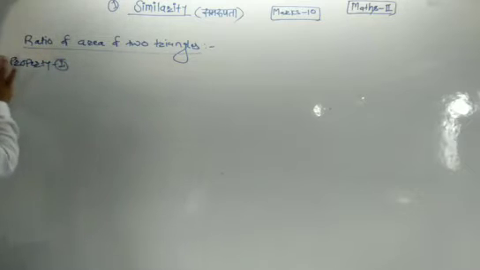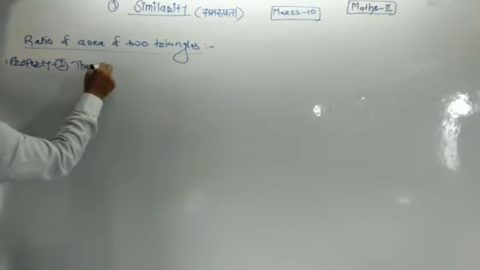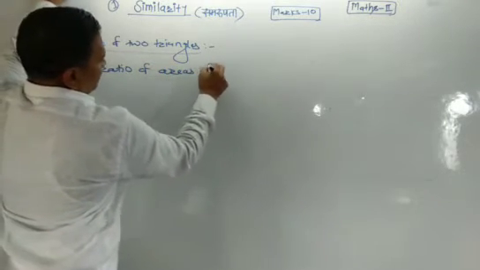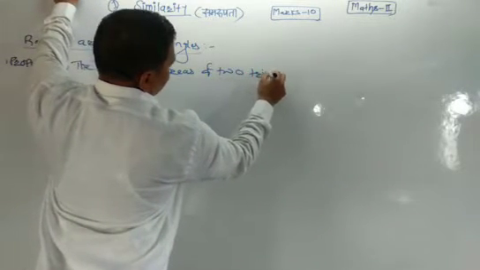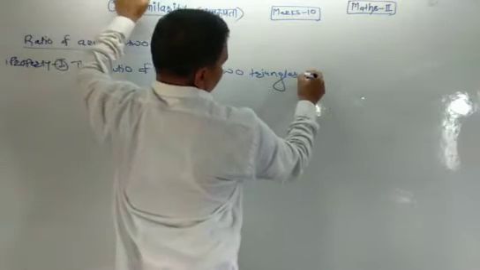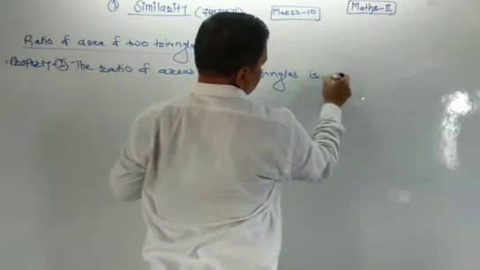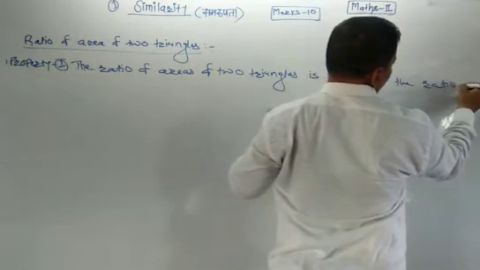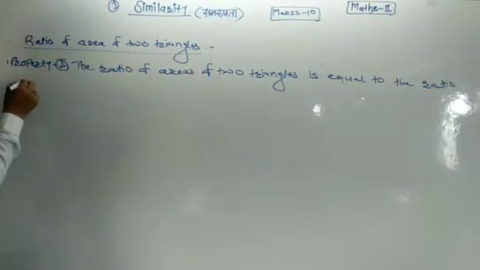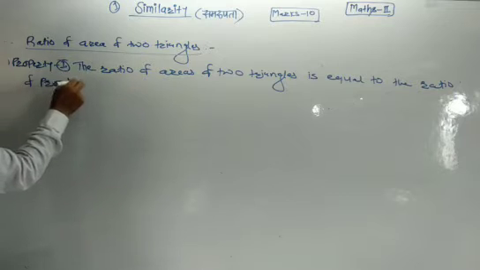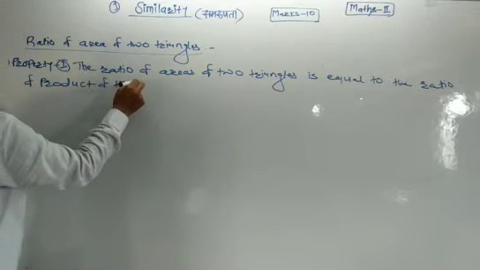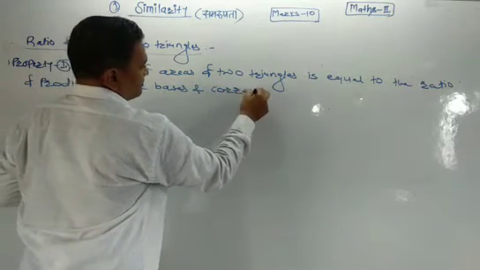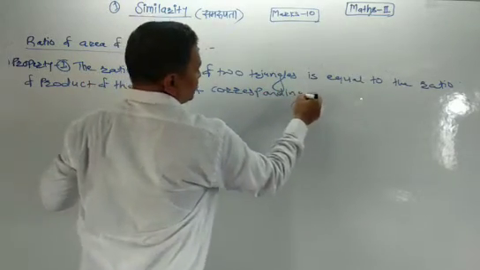Property first: the ratio of areas of two triangles is equal to the ratio of the product of their bases and corresponding heights.